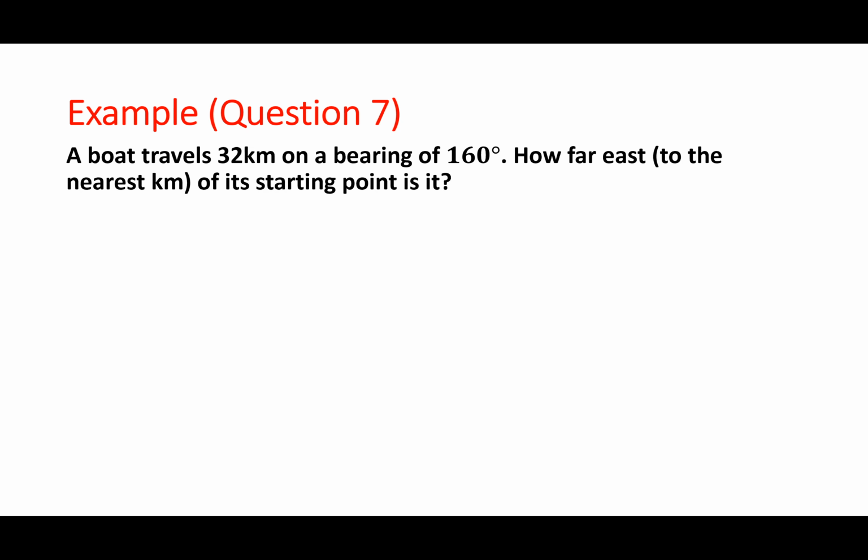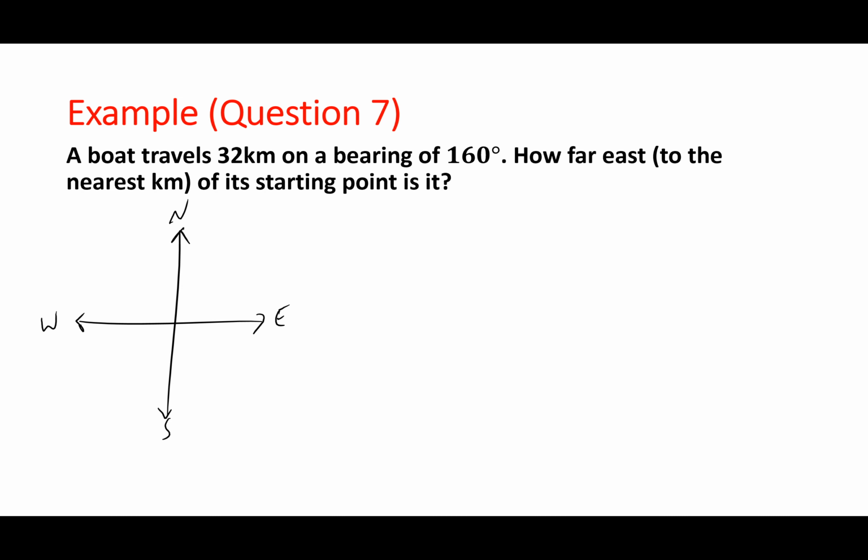Okay, so let's draw a picture. Compass rose, north, south, east and west. Okay, a boat travels 32 kilometers on a bearing of 160 degrees. Well, whereabouts is 160 degrees? It's probably somewhere over here, because we know that since we just did a question with it.